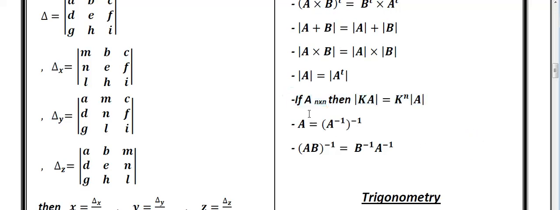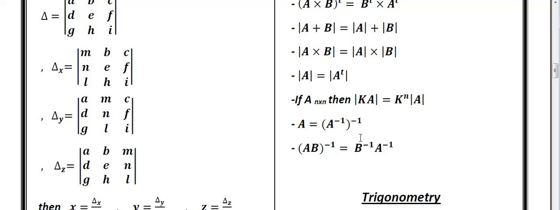Again, if A is n by n, then the magnitude of KA equals K to the power n times the magnitude of A.